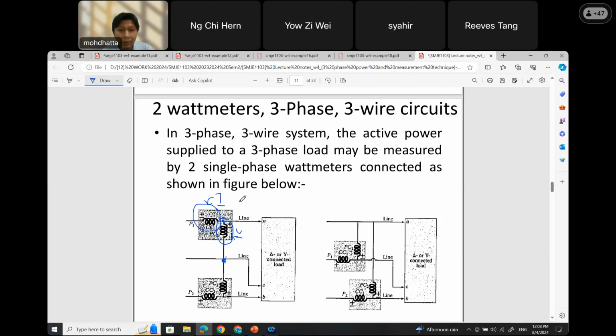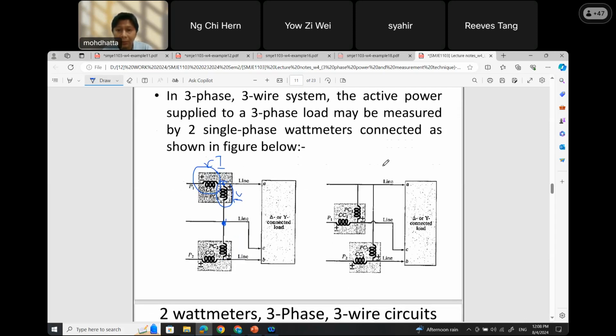That's one kind of connection, and this is also one kind of connection that we can consider. If you notice, we also have a common line over here where we try to measure the voltage, and also over here we try to measure the voltage as well.